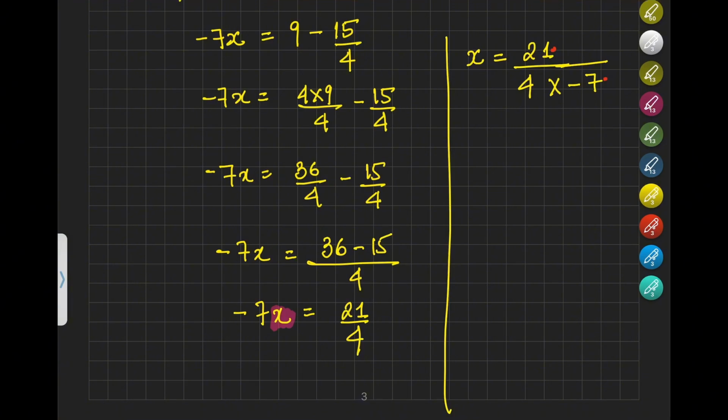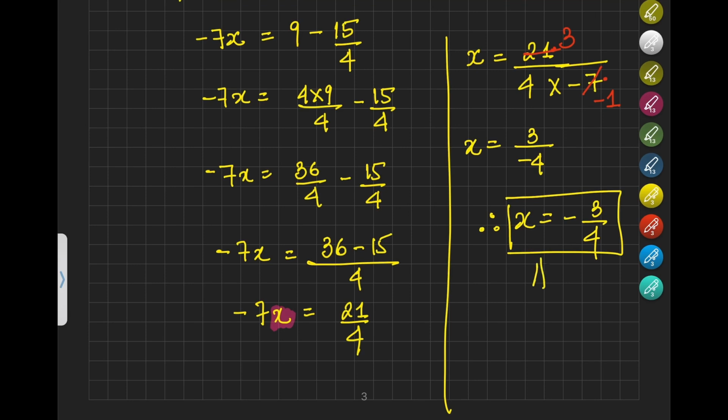Yes, I can take the common factor between 21 and minus 7 as 7. So minus 1 and 3. So x is equal to 3 by minus 4, or I can write x is equal to minus 3 by 4 as my answer.